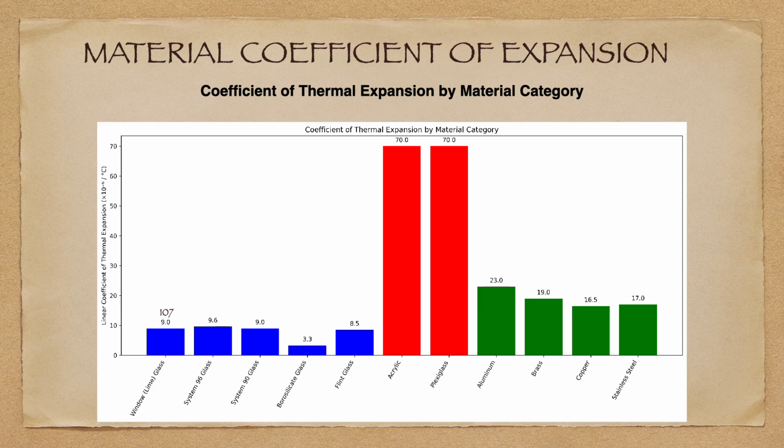In regard to the liquid materials included, the first slide indicates three categories of substances, each with their coefficient of thermal expansion.